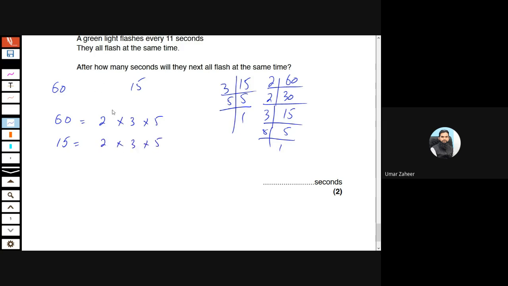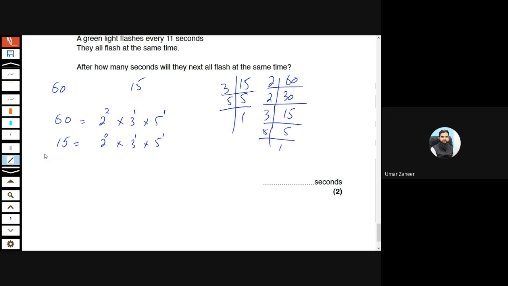In 60, it is 2 raised to power 2, 3 raised to power 1, 5 raised to power 1. In 15, there is no 2, so 2 raised to power 0, 3 raised to power 1, and 5 raised to power 1.